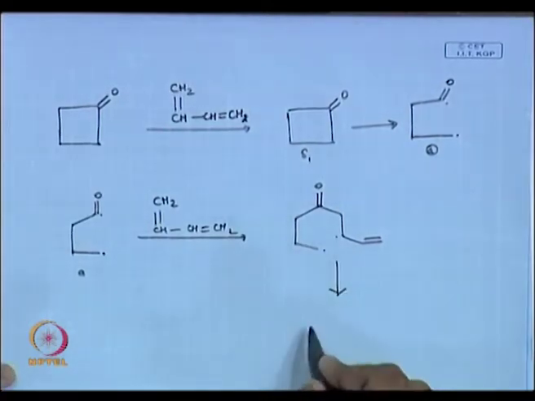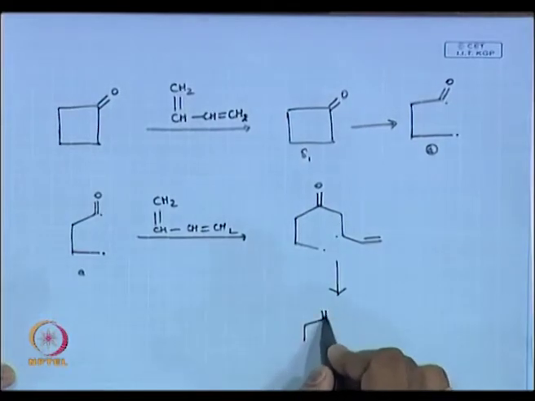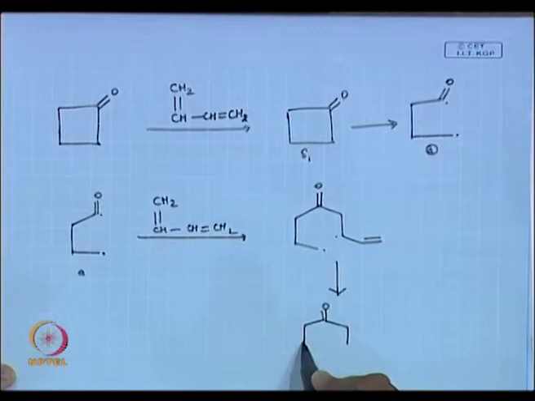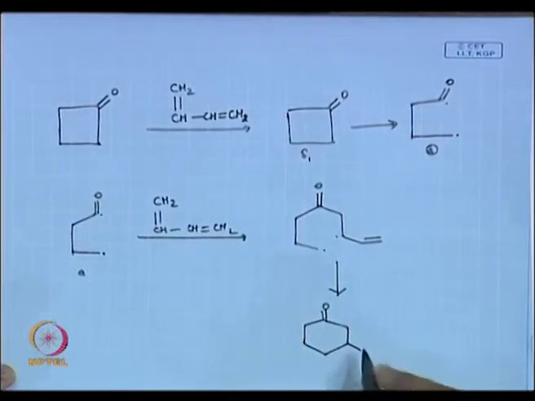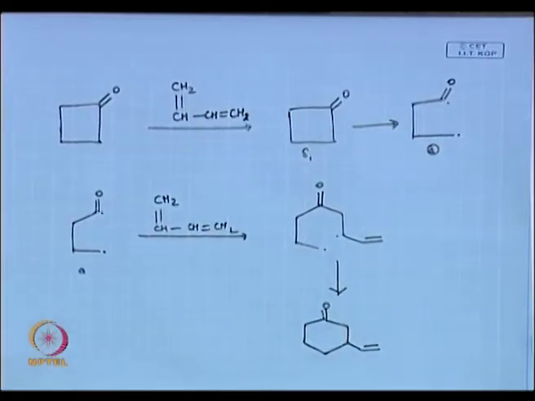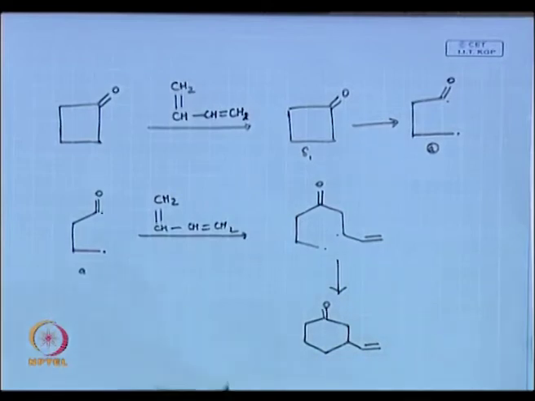Then, so, I get 3-vinyl cyclohexanone. 3-vinyl cyclohexanone. See, this is a very good experiment, because I can say that I have trapped my 1,4-diradical. This is the best example for trapping.